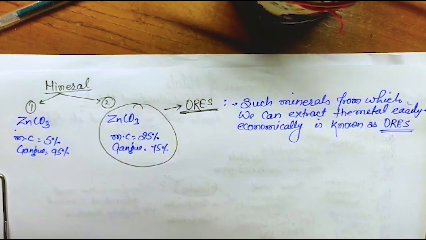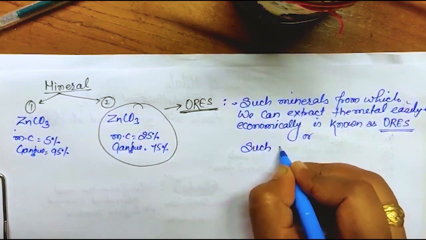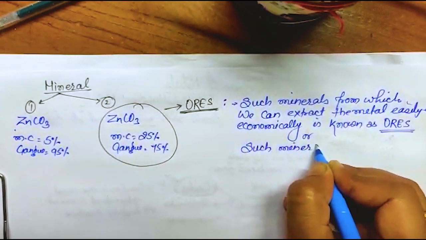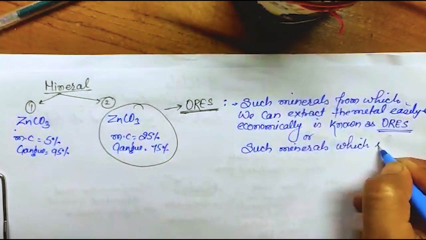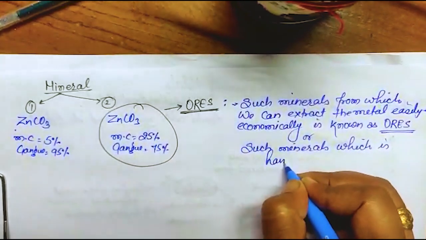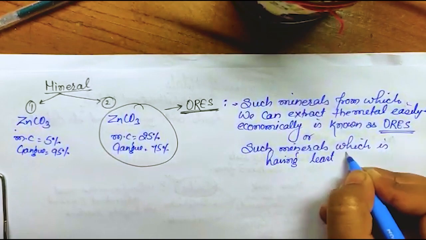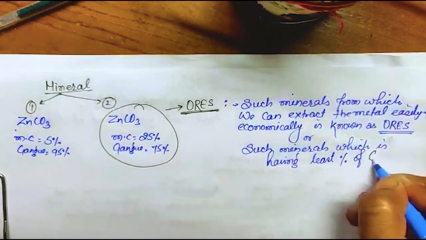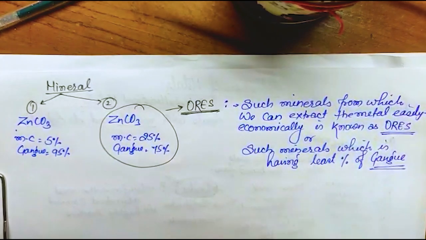But such minerals which have the least percentage of impurities, which is also known as gangue.